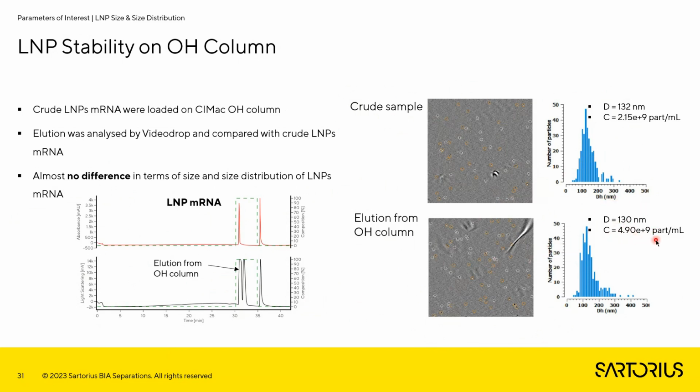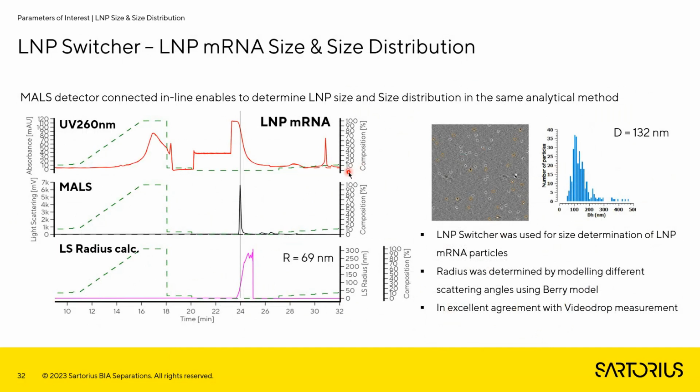And one other thing which is quite interesting is that we can really nicely concentrate the particles with dilution from the OH column. So some concentration happens, but regarding size and size distribution, the sample stays the same. So here is then the example of how this system can also be used for size determination of these particles.